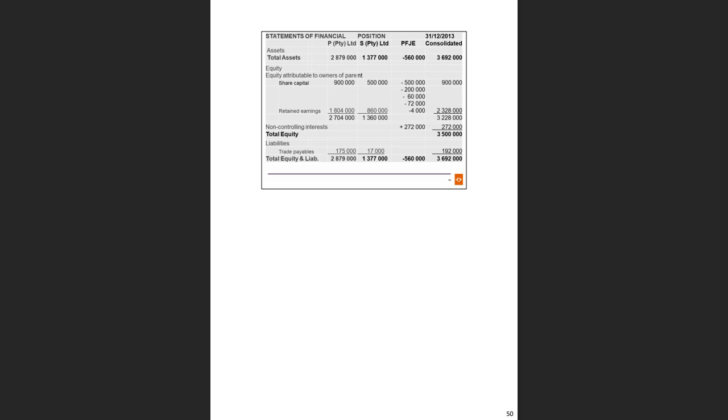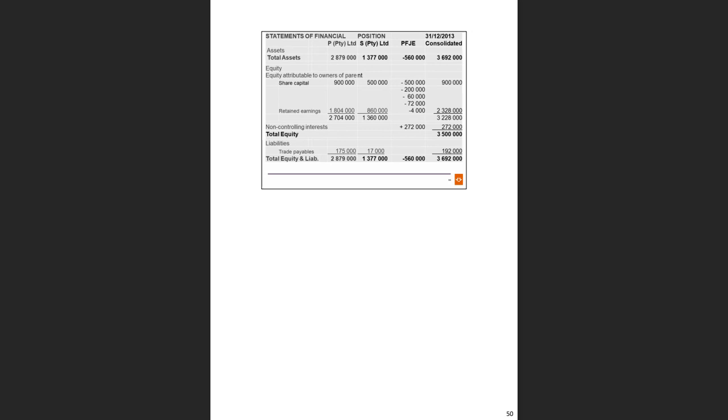Then we had NCI, and the trade payables here is simply P plus S, which gave us our consolidated trade payables. So it is something you have done before. It's just a bit more complicated now with the retained earnings. It is a bit complicated, but you need to go through it systematically.